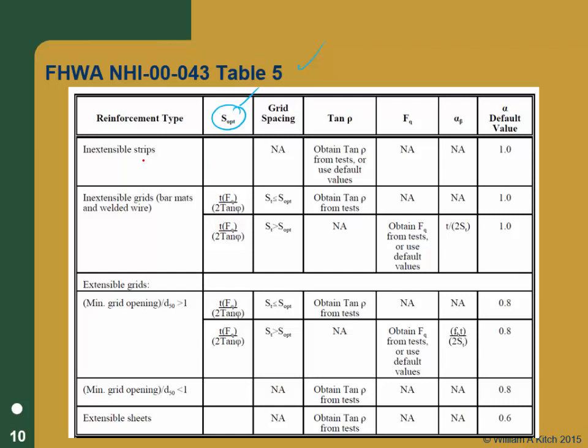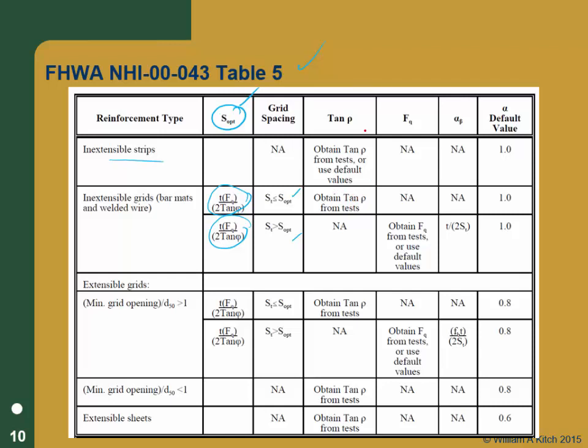And obviously for strips, you don't have any S optimum. For grids, here's how you calculate the optimum spacing. And then, depending on whether your spacing is less than the optimum or greater than the optimum, this is how you calculate the capacity element.